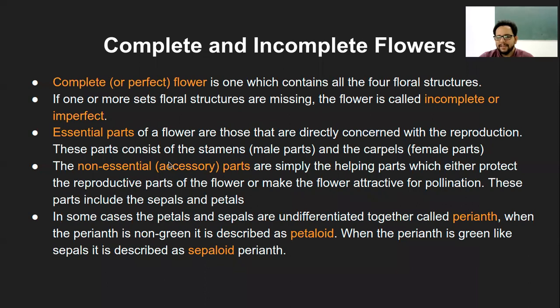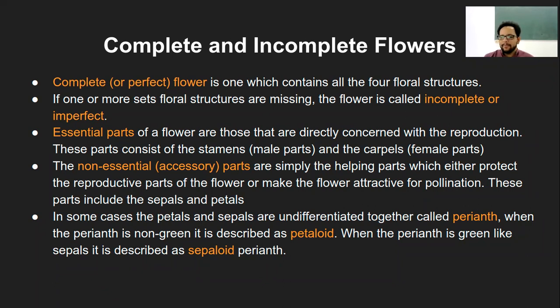Yeah, and they are simply helping parts which either protect the reproductive part, for example the flower petals, when it is in the bud stage, will cover the reproductive part and let it grow completely, and then it will open up. So that way it protects the reproductive part of the flower or makes the flower more attractive for pollination.